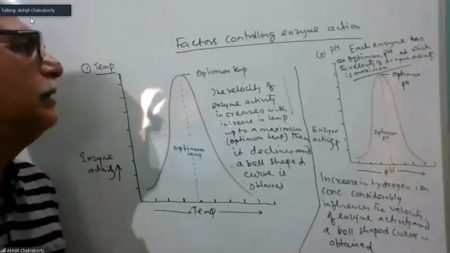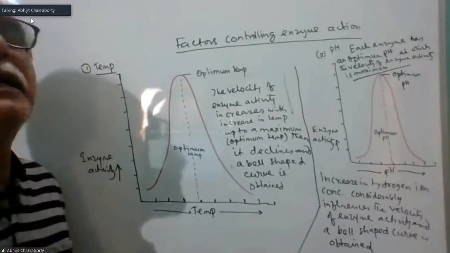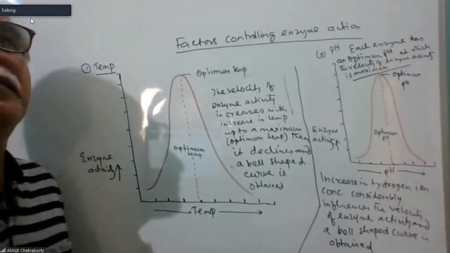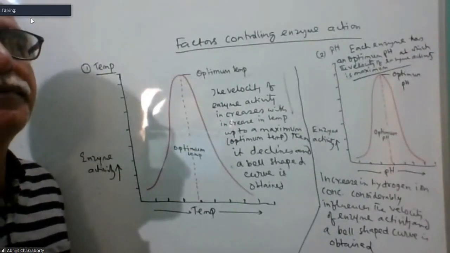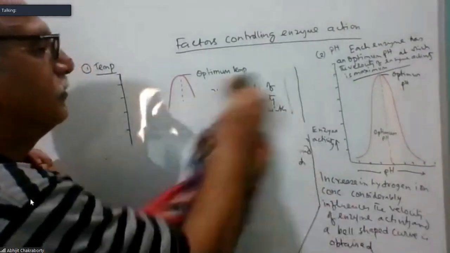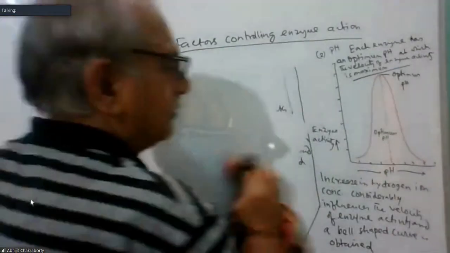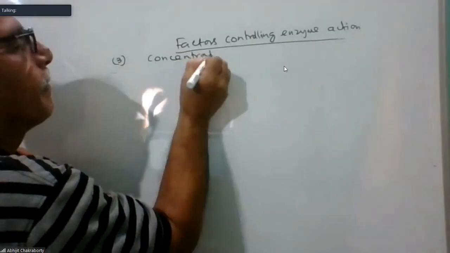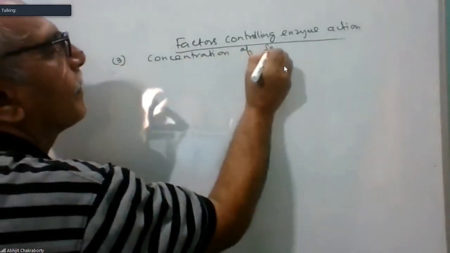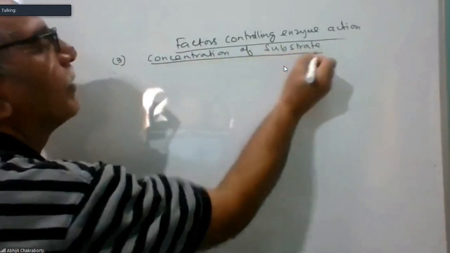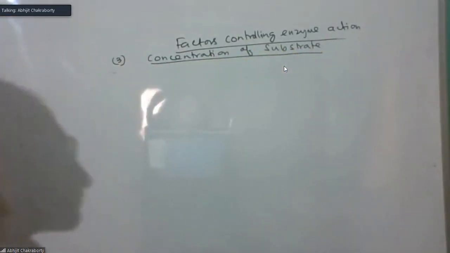For both the cases, temperature and pH, the bell-shaped curve is obtained. Next one, concentration of substrate.